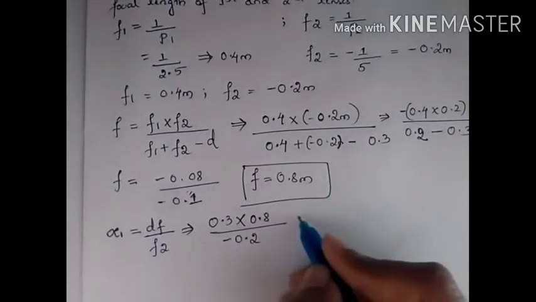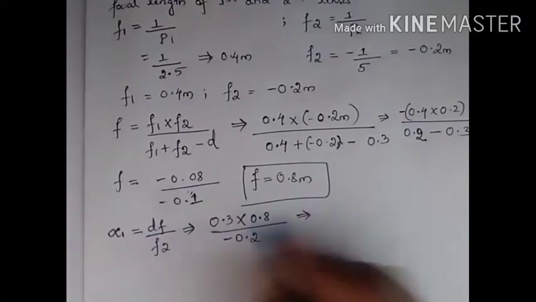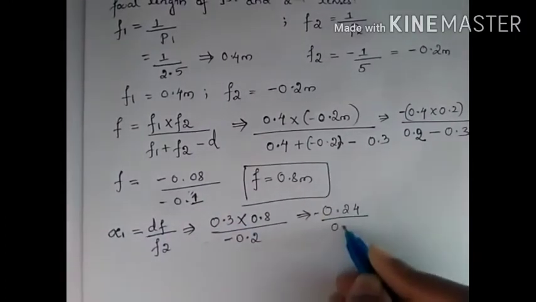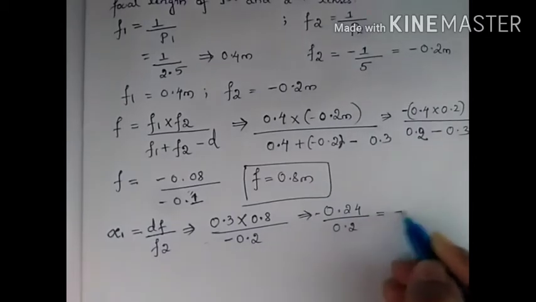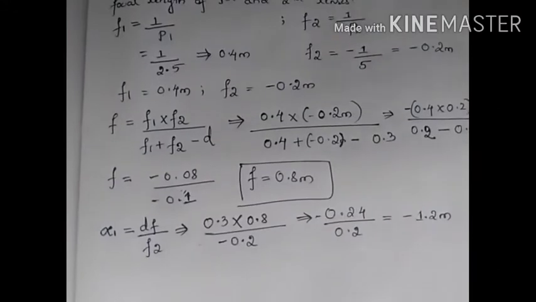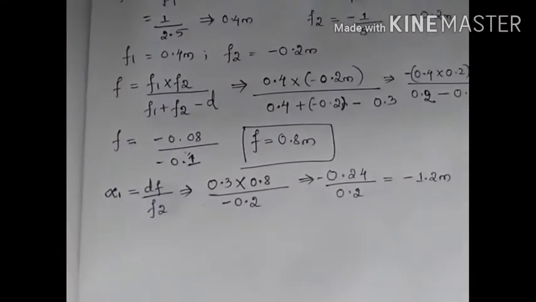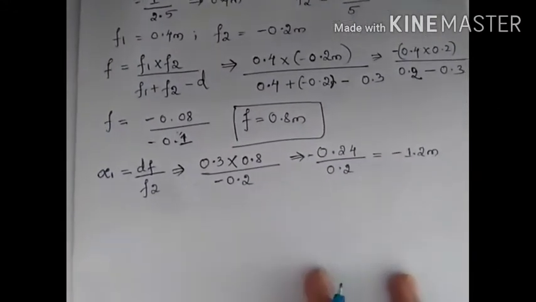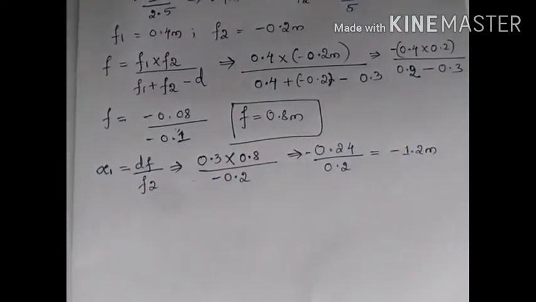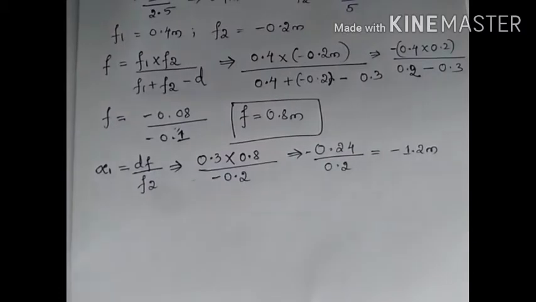So 8 times 3 is 24, 0.24 divided by 0.2, that is -1.2 meters. So alpha 1 is -1.2 meters, to the left side of the second lens. This is the position of the first principal point.